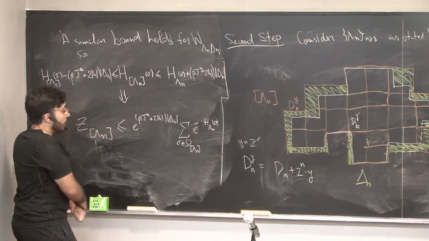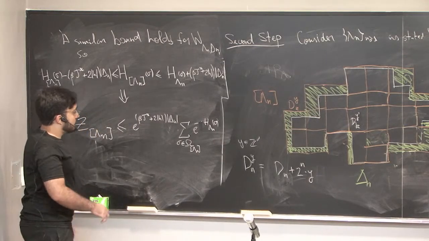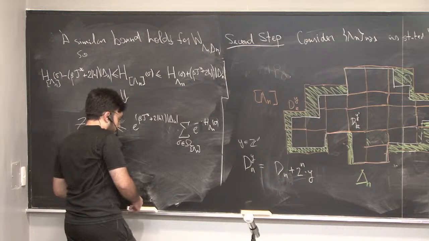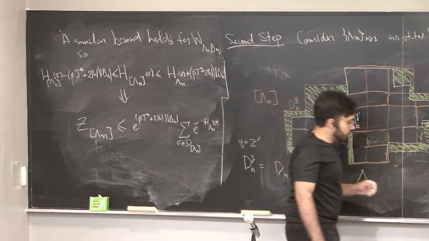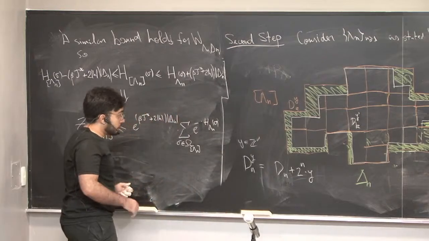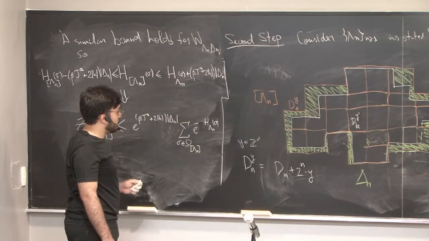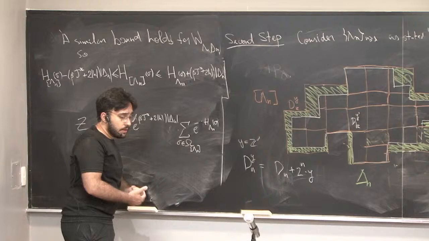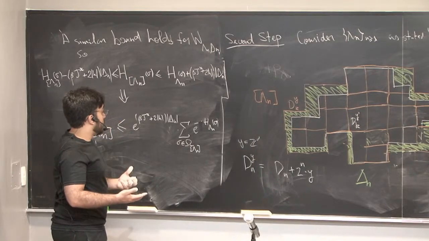Okay. So what happens is that there is still a problem because the sum is over all the configurations in the cover, but I only have the Hamiltonian in the finite set lambda n.